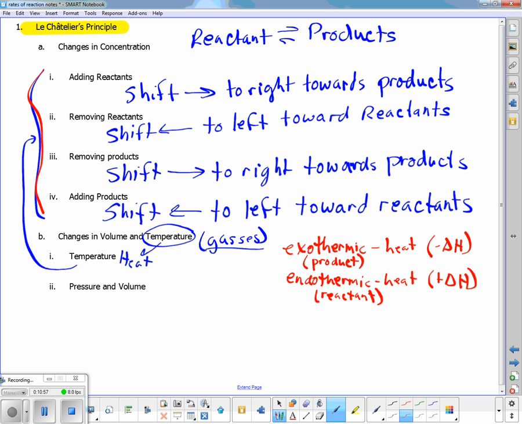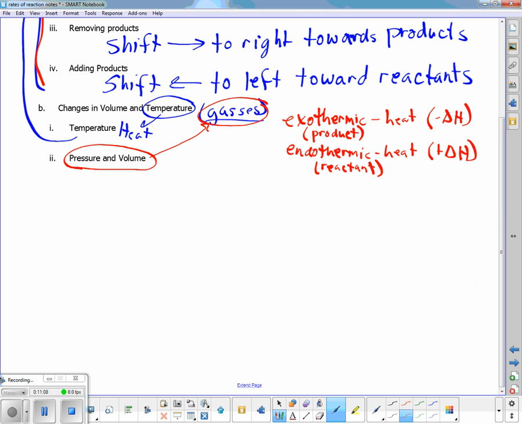Pressure and volume, though, those are the ones that have to do just with gases. Okay, let me extend this up a little bit. So if I increase the pressure, then I go to the side with the least amount of gas, the least number of moles.